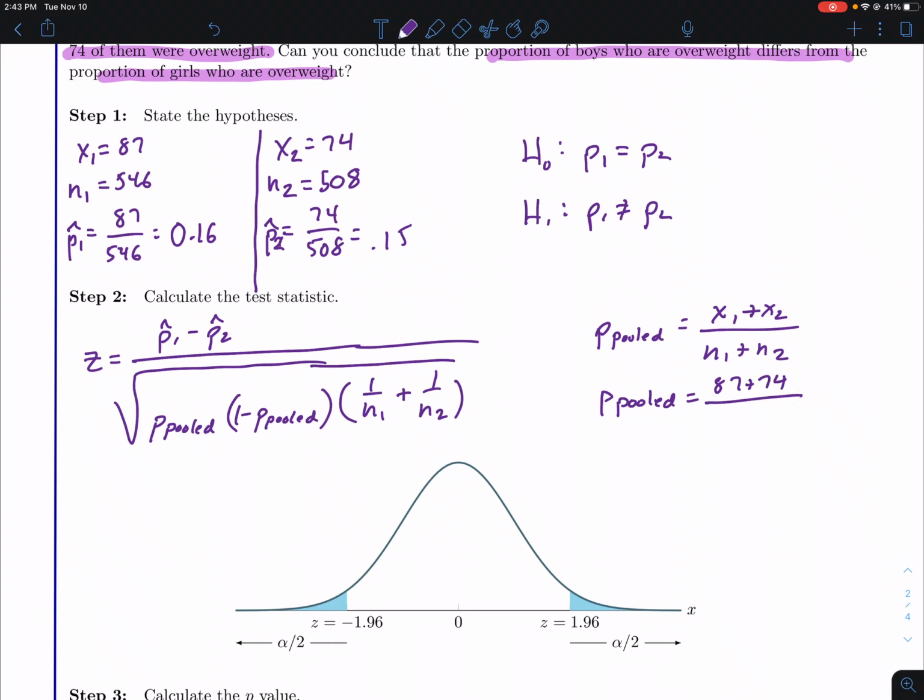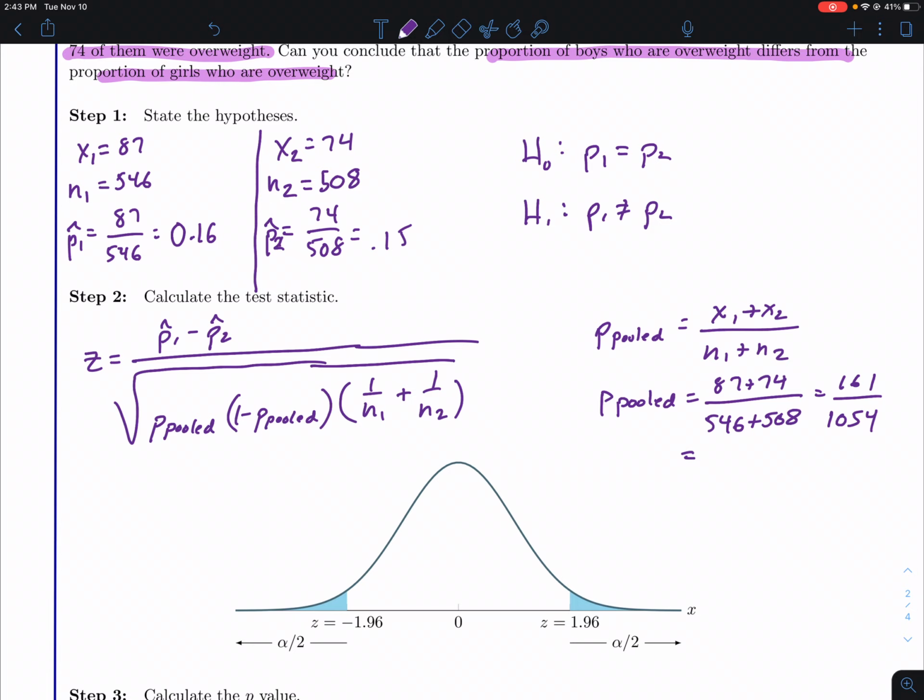all over 546 plus 508. So again, putting these in the calculator, 87 plus 74 is 161. 546 plus 508 is 1054.